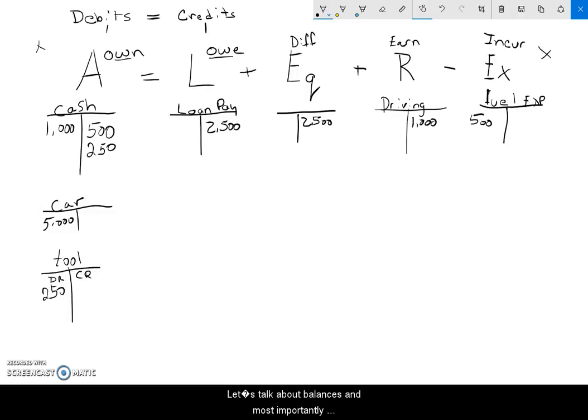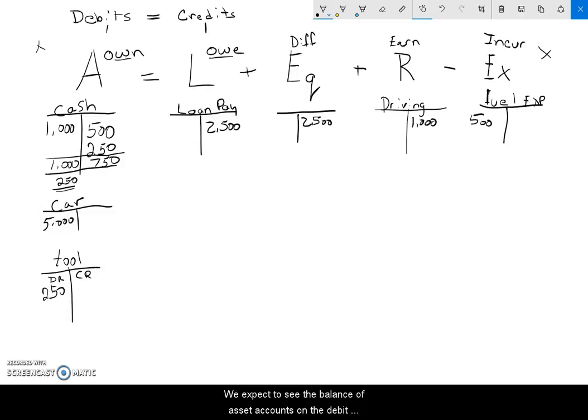Let's talk about balances, and most importantly, normal balances for a moment. This is very important and usually breezed over. What normal means in accounting is where you expect to see the balance of an account. Looking at our cash account, if we add up the debit side and then add up the credit side and subtract one from the other, we would have, let's add them up here real quick, 1,000 on this side, 750 on this side, subtract one from the other, we would have $250 on the debit side.